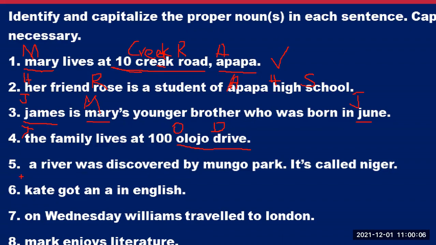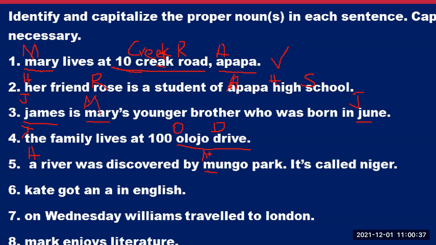Question number 5, A river was discovered by Mungo Park. It is called Niger. Now, because the indefinite article, well, The is a definite article, A is an indefinite article, well, because it begins a sentence, we have to capitalize it. A river was discovered by Mungo Park. Now, Mungo Park is a proper noun.